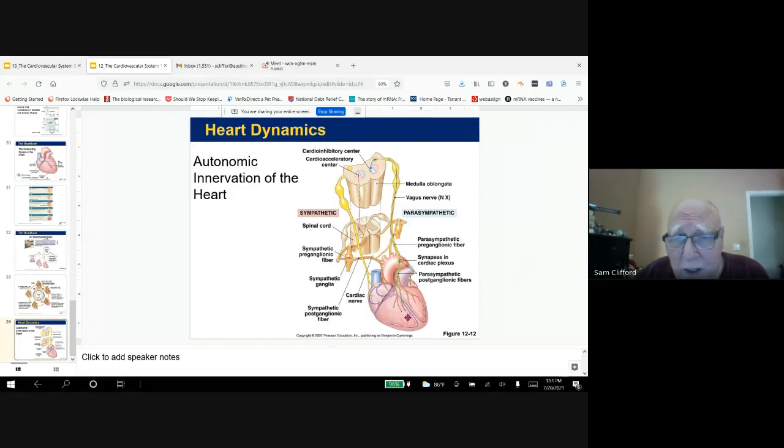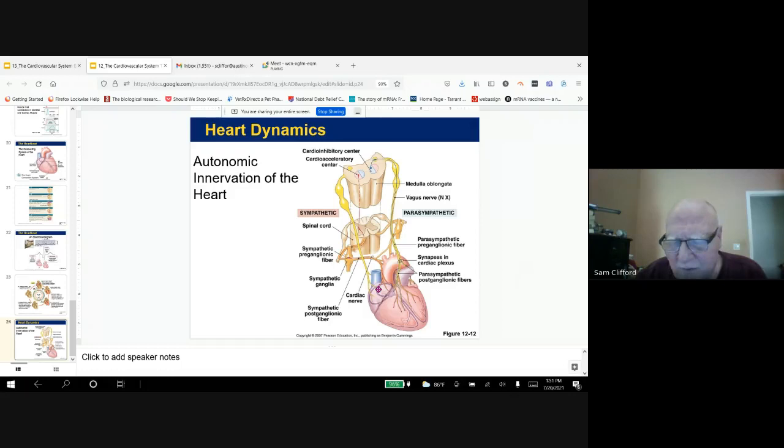Okay, so the sympathetic system will accelerate the heart. The parasympathetic system will slow down the heart. The sympathetic is much more robust and it causes significant acceleration.